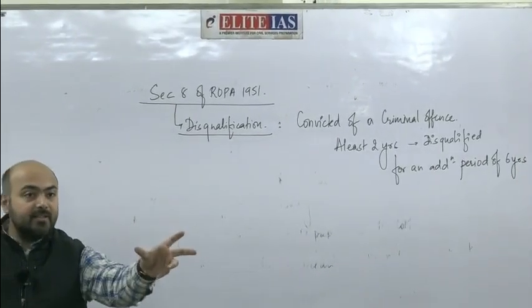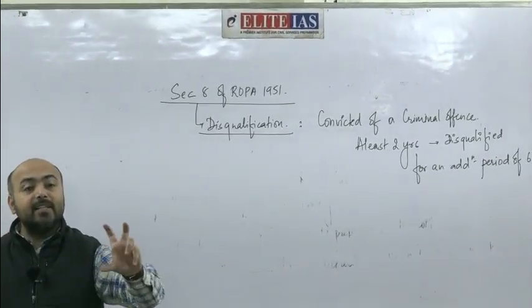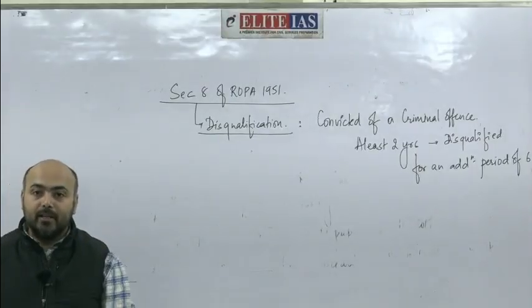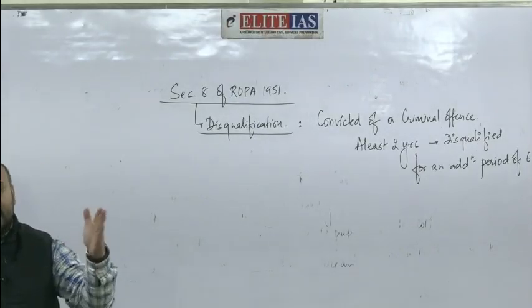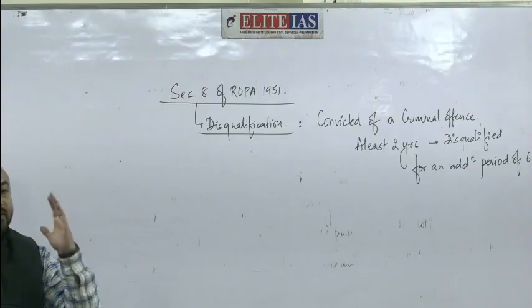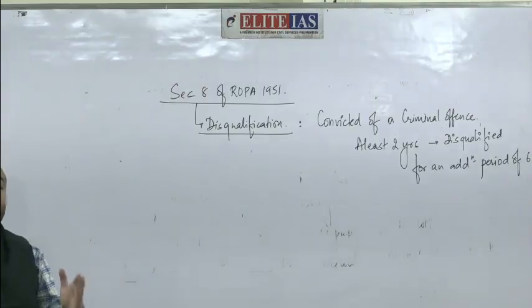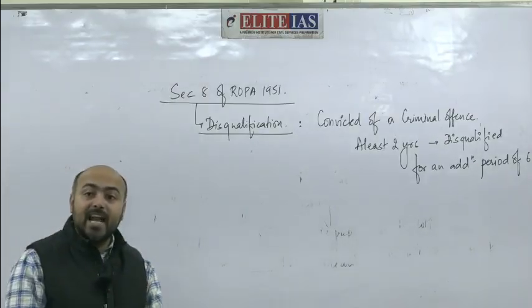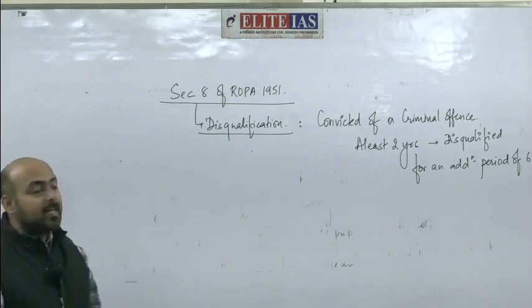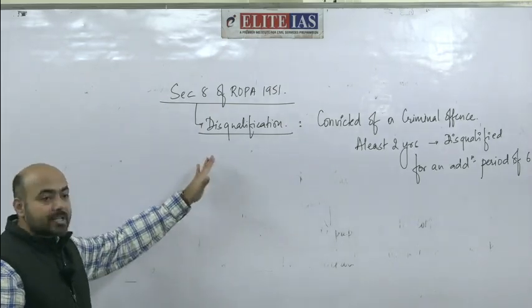So that 6 years time that is there, it is considered to be a cooling off period. So whatever sentence he has to serve, he will serve that sentence and he will further be disqualified for an additional period of 6 years. This has been mentioned under Section 8.